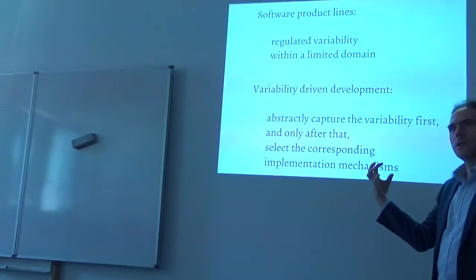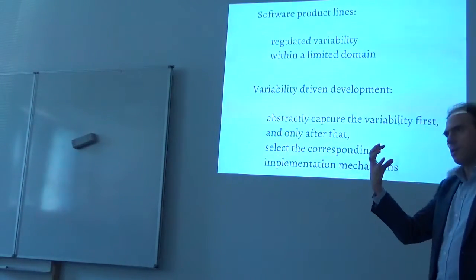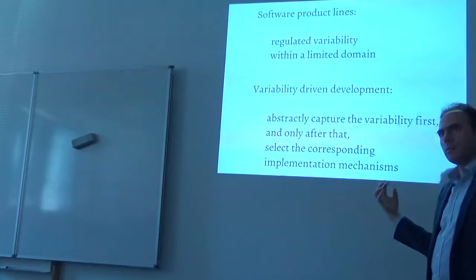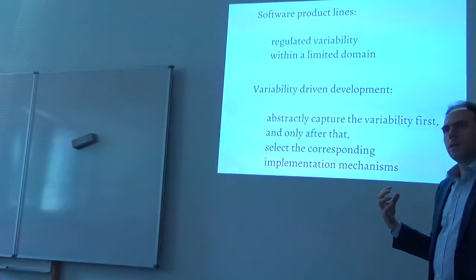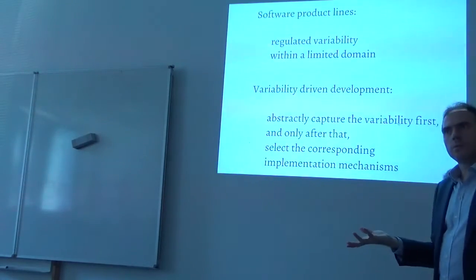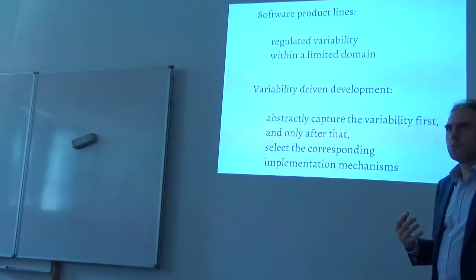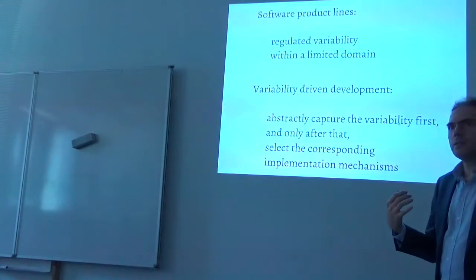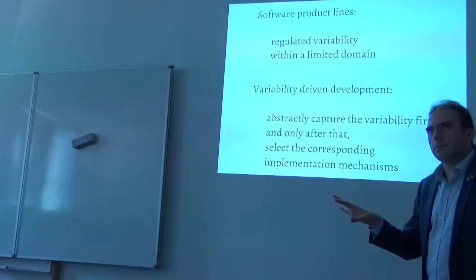Sometimes variability can be implemented through inheritance, because you have some common part and then you have variable parts implemented in derived classes. You can use polymorphism. Maybe you don't want to use it for some reasons, maybe for performance reasons or whatever. The reasons behind this lie in that application domain that you target.